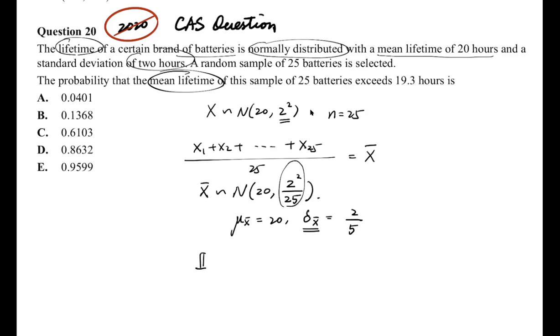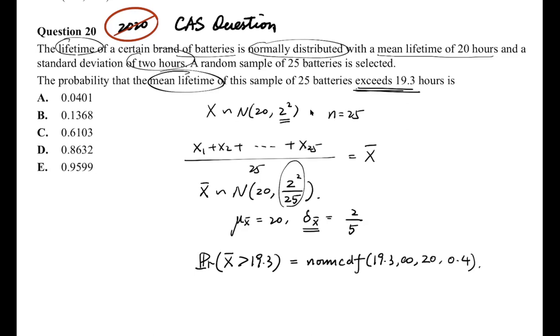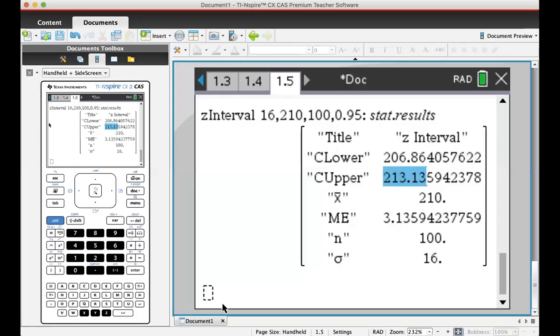And I want the mean lifetime, which is X bar, to be greater than, exceeds 19.3. So it's norm CDF from 19.3 to infinity, with mean value 20 and standard deviation 0.4 if you wish to use 0.4, okay? Let me demonstrate how we can operate with the CAS calculator.